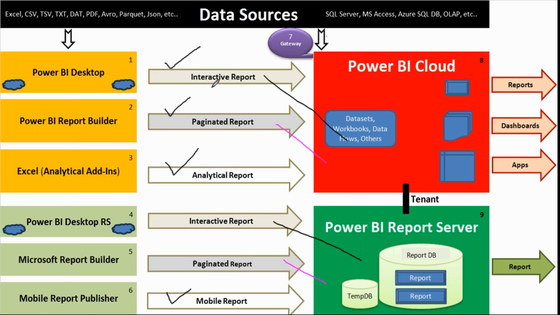Same way, paginated, cloud, report server. So interactive, 2 tools, paginated, 2 tools, one for cloud, one for report server. Cloud is a remote storage. Then we have analytical reports, mobile reports. So total 6 items, 6 tools.